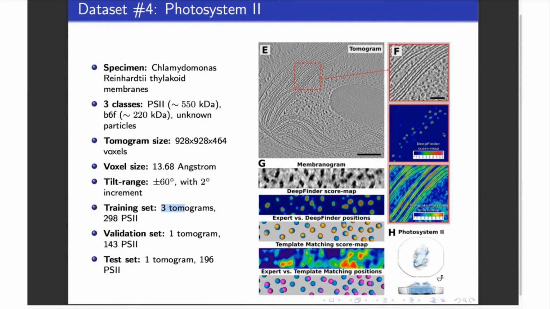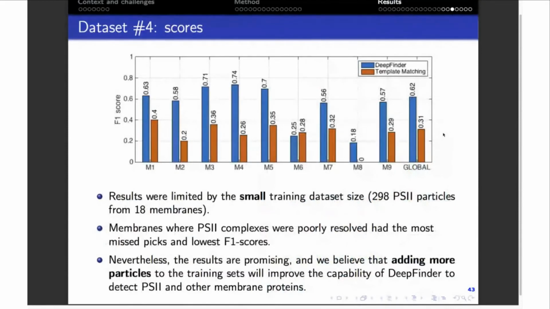Next, we have computed the F1 scores obtained for different membranes of the test set. In blue, we have the scores for DeepFinder, and in red for template matching. As you can see, the scores for template matching are limited, and globally, they are 2 times lower than DeepFinder. The DeepFinder scores vary a lot with respect to the membrane, from 0.18 to 0.74.